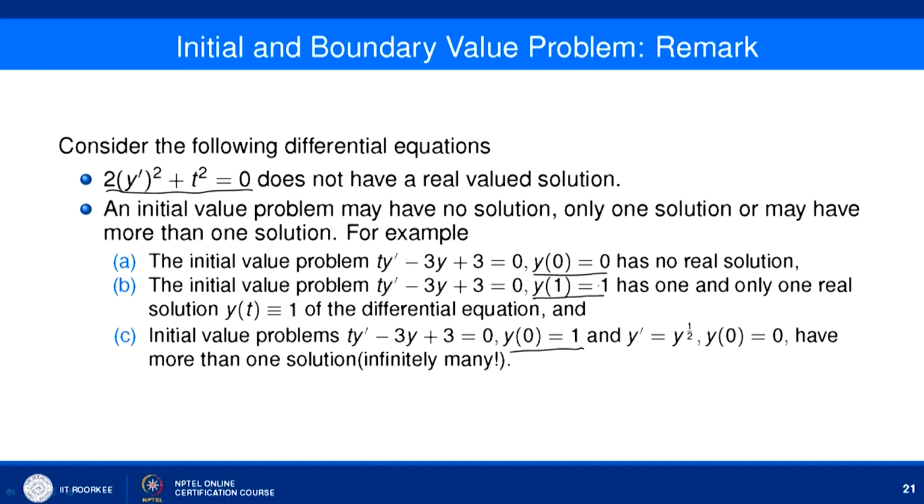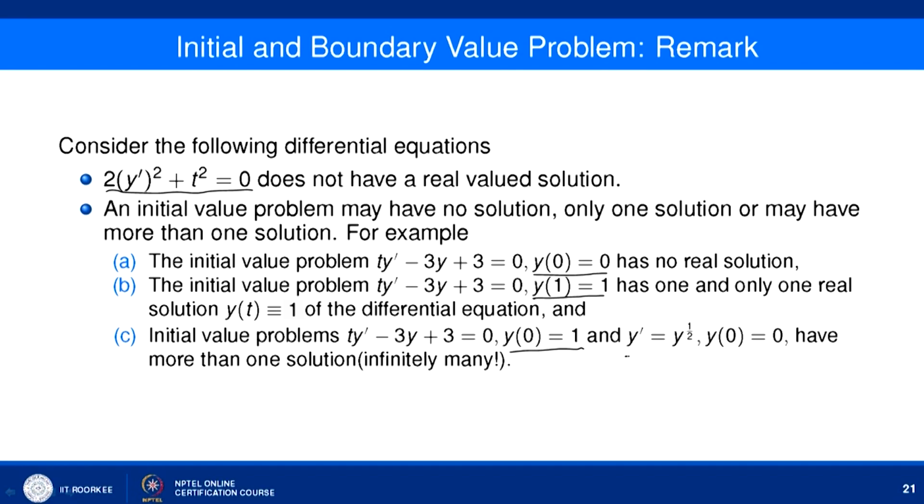The initial value problem t y dash minus 3y plus 3 equal to 0 along with y(0) equal to 0 has no real solution. The same equation with y(1) equal to 1 has one and only one real solution, y identically equal to 1. And with the condition y(0) equal to 1, it will have infinitely many solutions, or more than one solution.